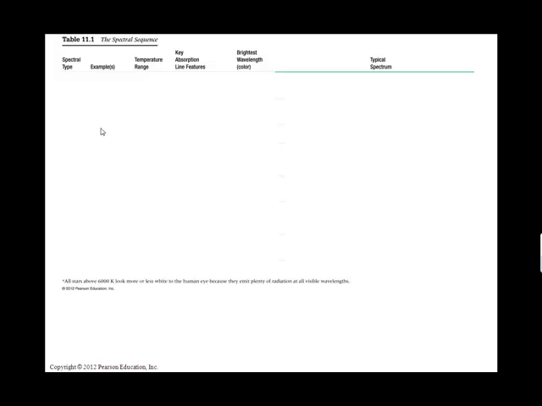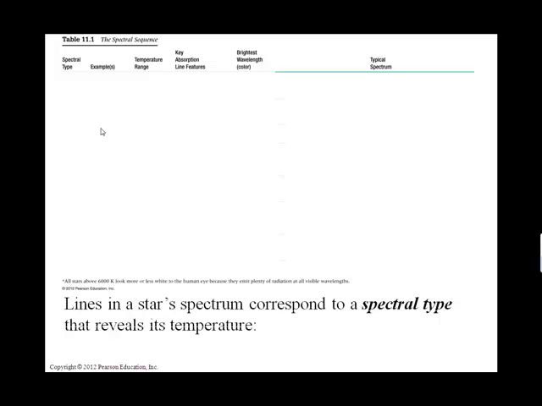So in general, we can get what we call stellar spectra, or information from stars, and we can break them into, I believe, 7 different spectral types, which ultimately tell us the surface temperature of the star.